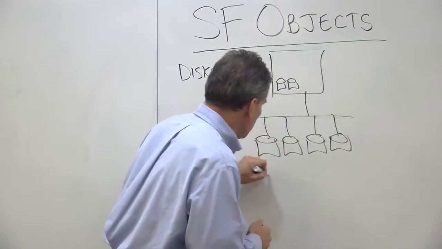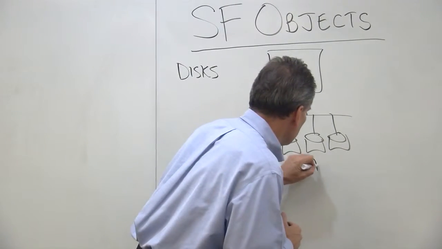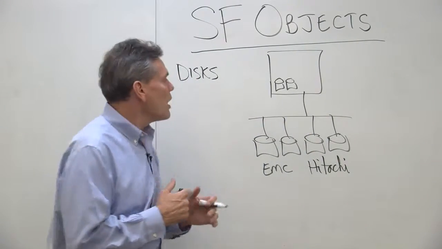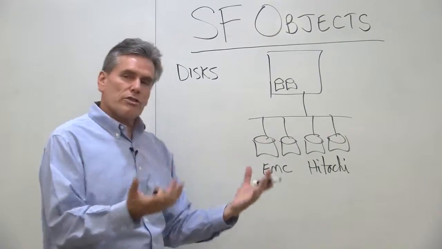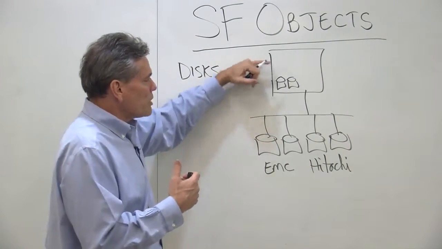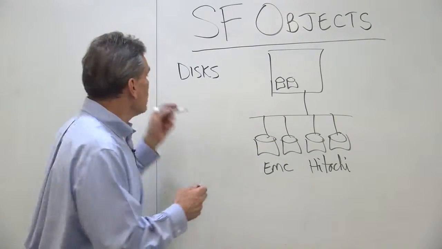Right? Maybe these two are from an EMC array. Maybe these two are from a Hitachi array. Okay? Volume Manager, when it starts up, identifies all those disks. And so from a Volume Manager perspective, we would have 6 disks. 2 internal disks, 4 LUNs.